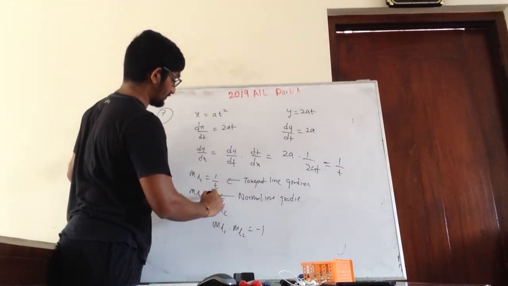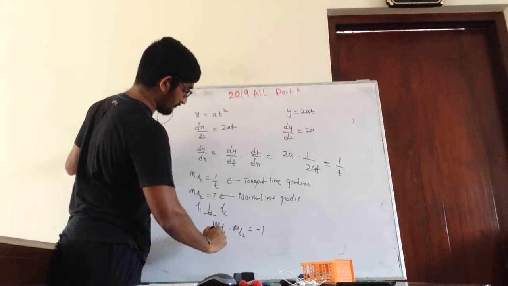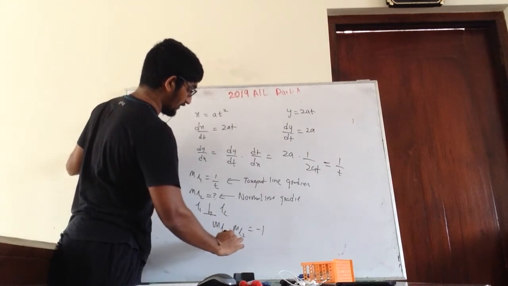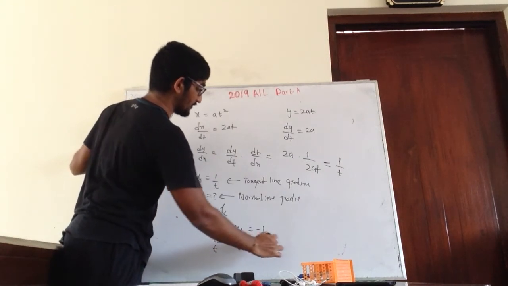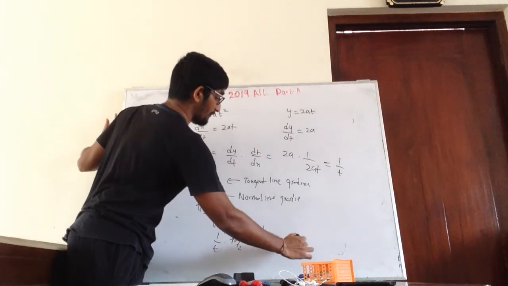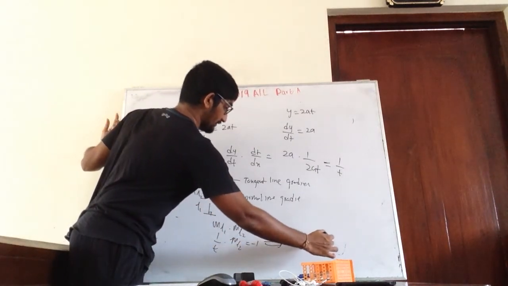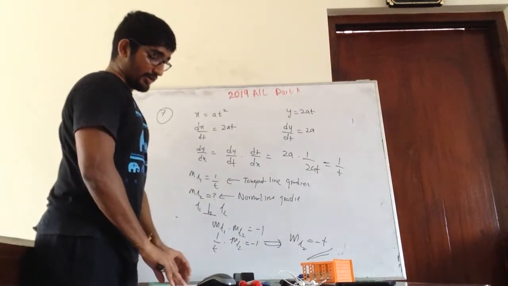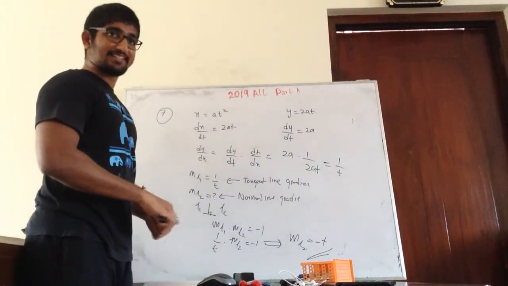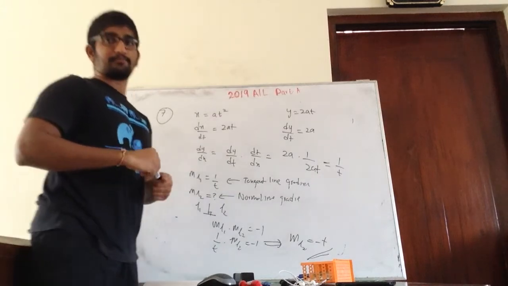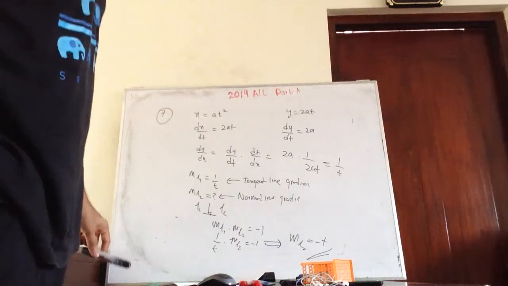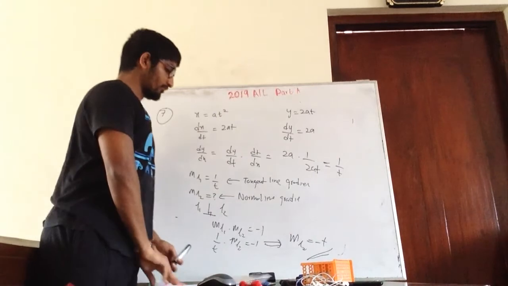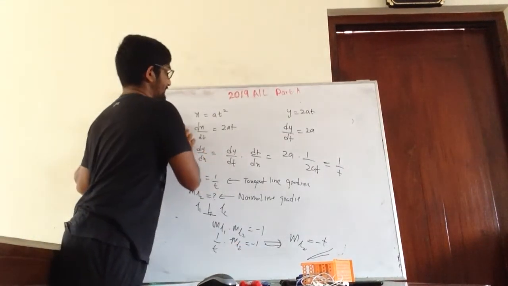So this is what we don't know. Then you get 1 over t times m L2 equals minus 1. So here you will get m L2 equals minus t. From this we can get the equation of the normal line. Right, so now we know the gradient.